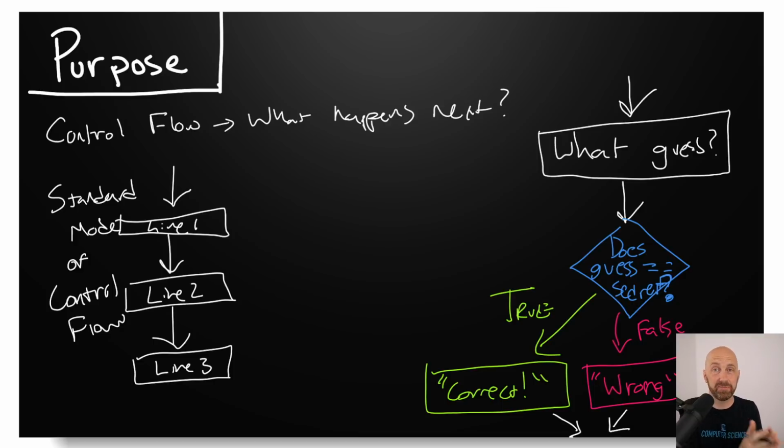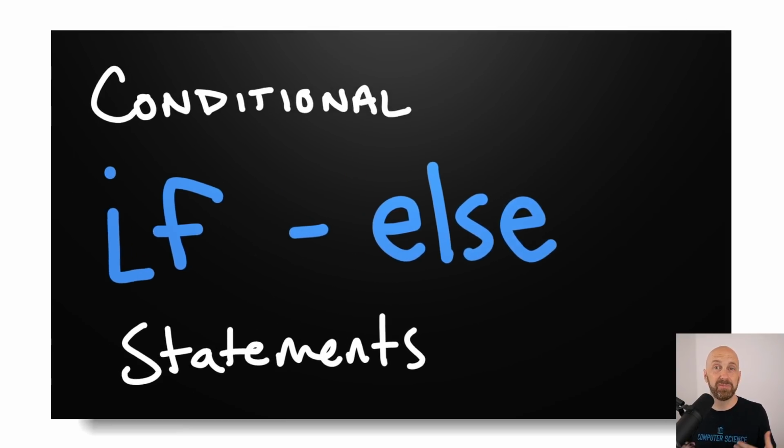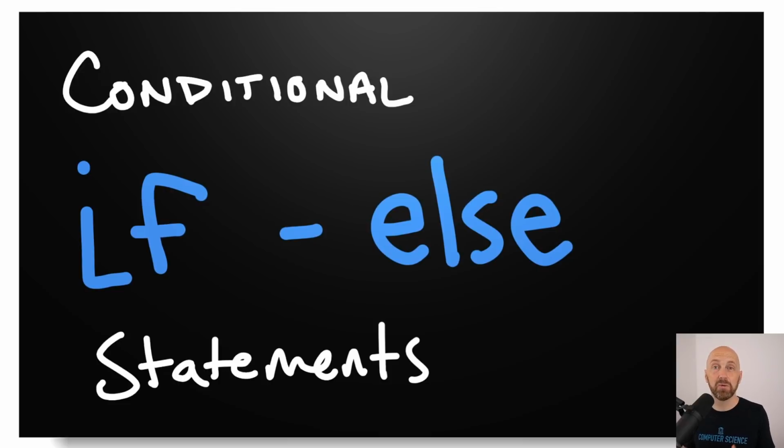If something's true, I'm going to do this, else otherwise I'm going to do that, right? And with that, we can start to write programs that behave dynamically, meaning when the program is running, it can behave differently based on stimulus or different inputs from the user or from other places as well. And that allows us to write more dynamic programs that are more powerful.